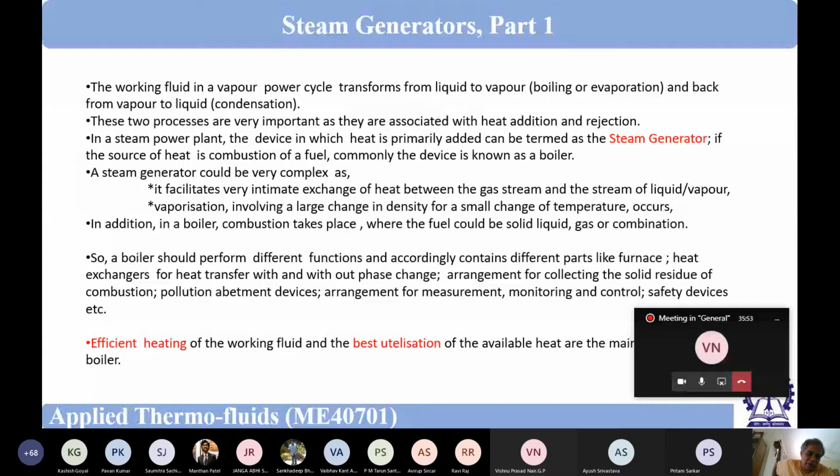What will happen? Steam is being generated and it has to be replenished by sending feed water, but somehow feed water is not coming. Then the water level inside the boiler will fall. The temperature of the boiler shell, etc., will go on increasing. And at one point of time, if no precaution is taken, then what will happen?